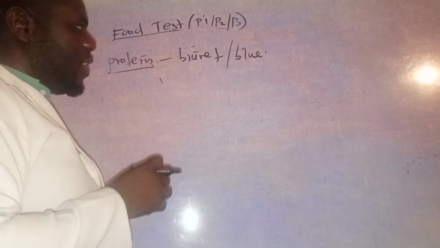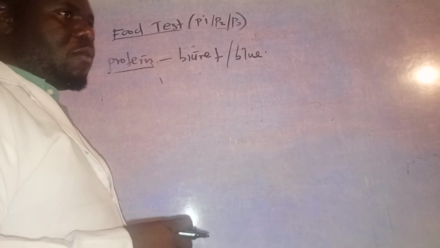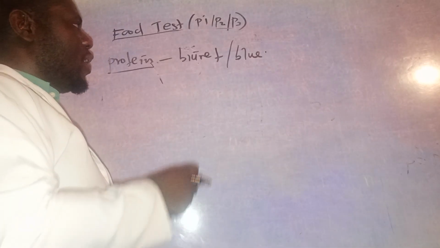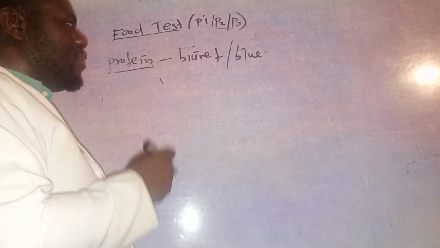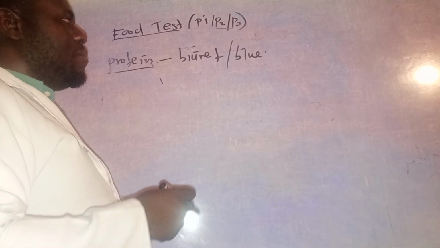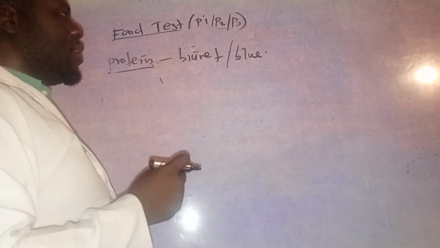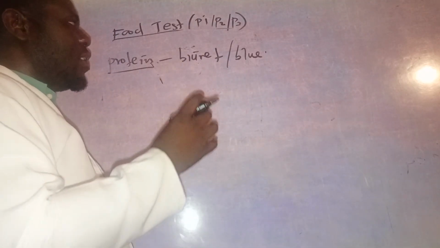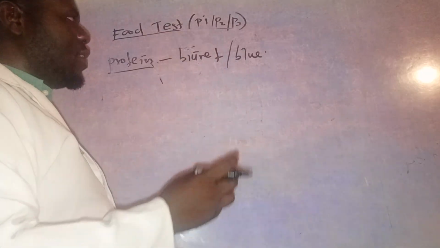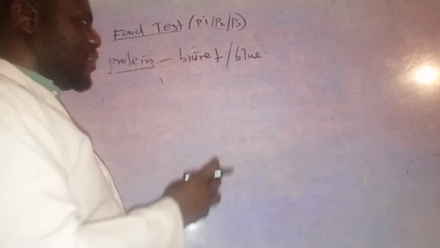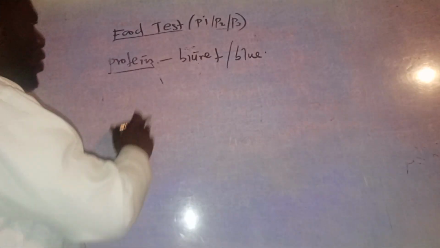So if the sample is given in solid form or in powder form, make sure that you grind the sample given, mix it with distilled water, filter it to get the liquid, and test it for protein. So now what are the procedures?